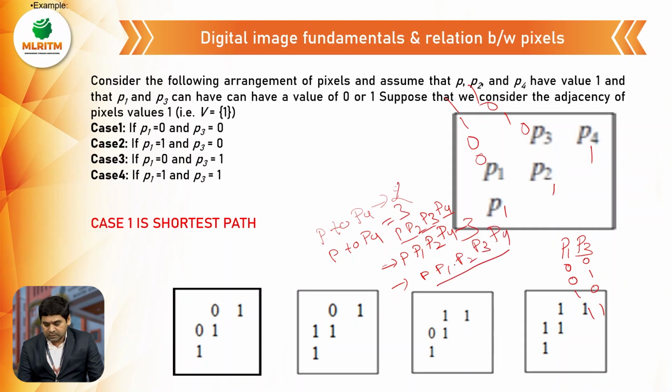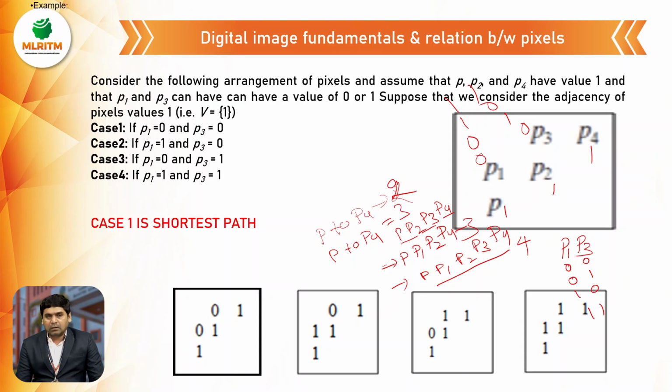Here the distance is 4. So which is the shortest path? The first case, with shortest path 2. According to that we can find the shortest path between P2 and P4.